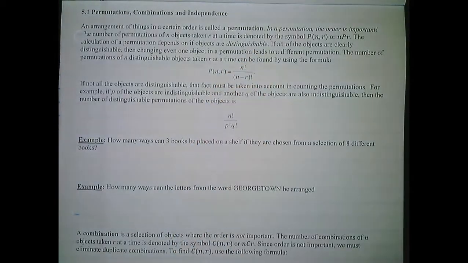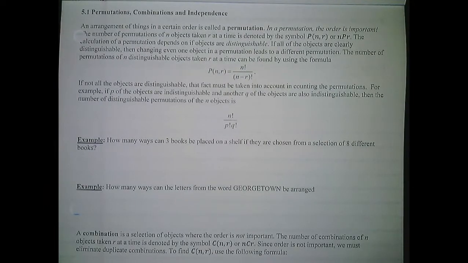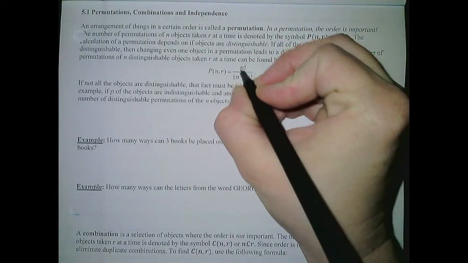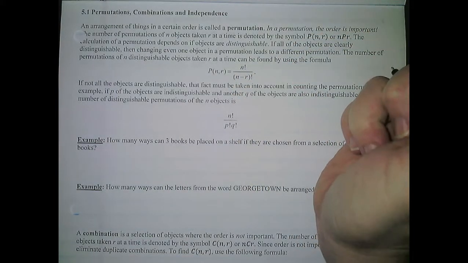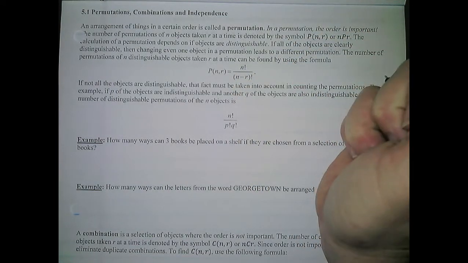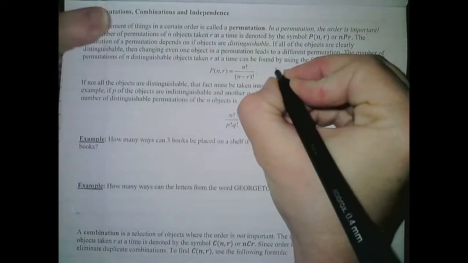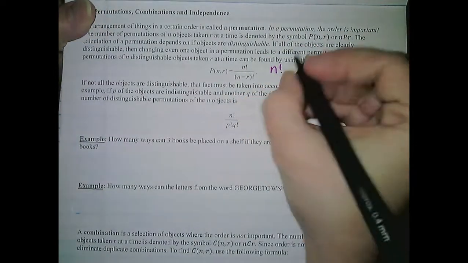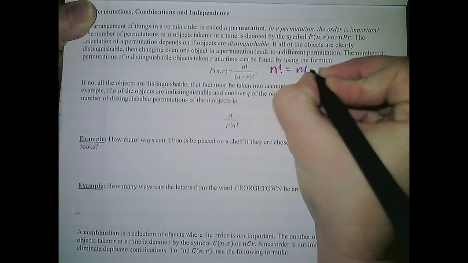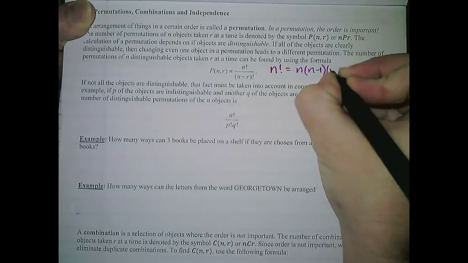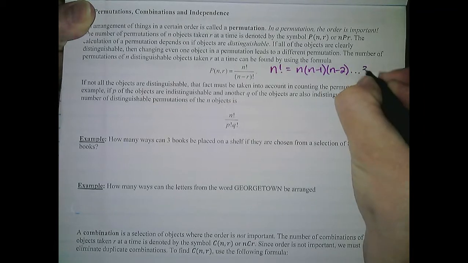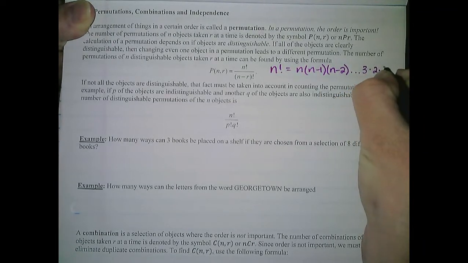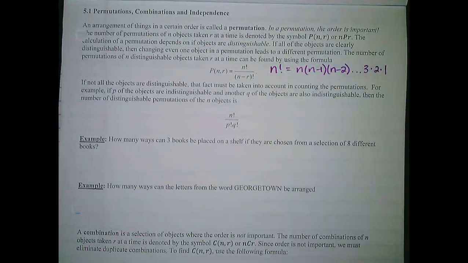When we're looking at a factorial, we're multiplying the number times every consecutive integer that's less than that number all the way down to 1. So when we're looking at n factorial, really what we're saying is n times n minus 1 times n minus 2, and so on down to 3 times 2 times 1. That's what that factorial means.